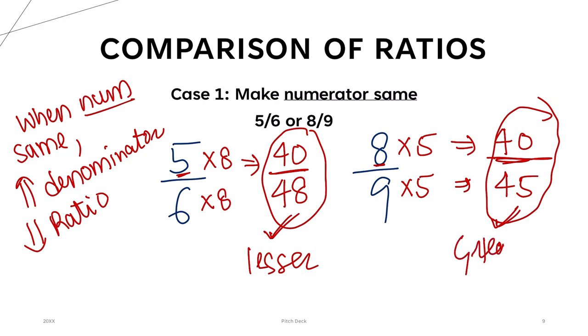So what did we do? We made the numerator same, then compared denominators: higher the denominator, lower the ratio. Here the denominator is higher in this case, that is 48, so this ratio will be lesser, the other will be greater.